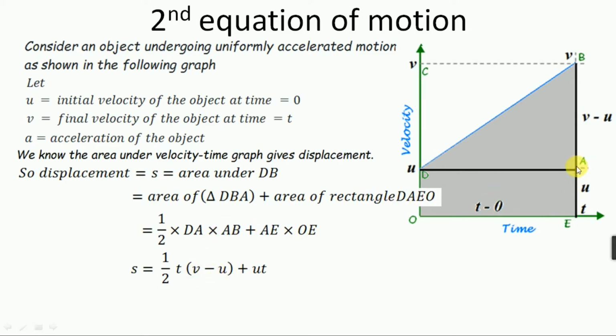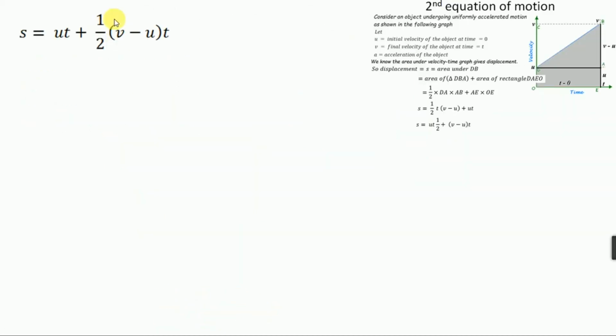And AE is U and OE is time, T minus 0, so I can write T. Now I'm rearranging the equation, taking this UT this side. In this equation I don't need V minus U because the equation is ut plus half at square. So I have to change this.